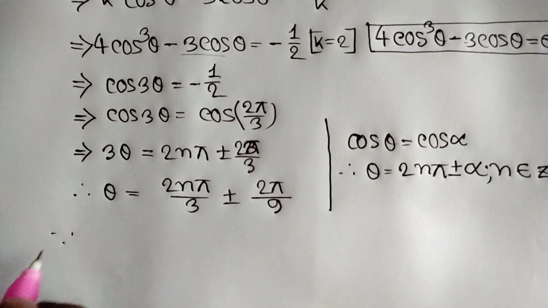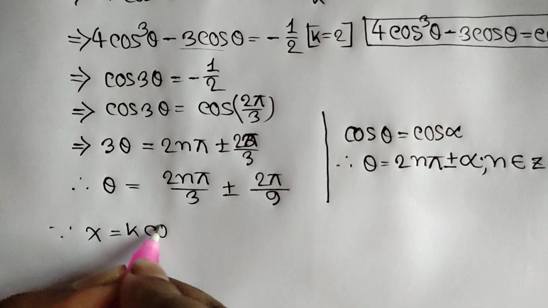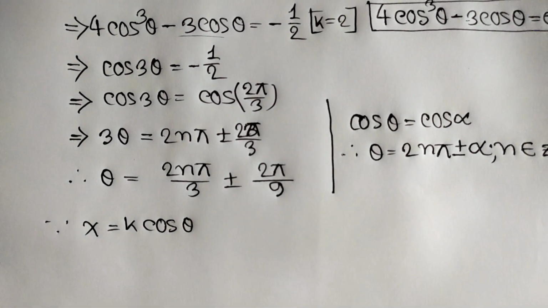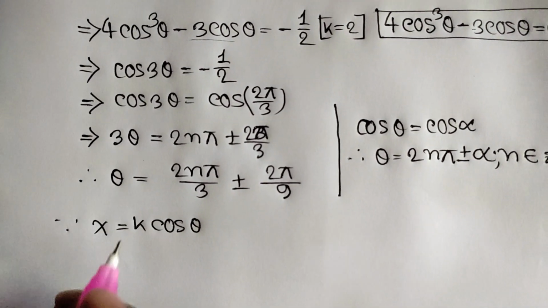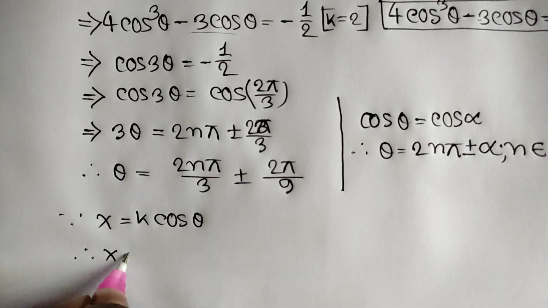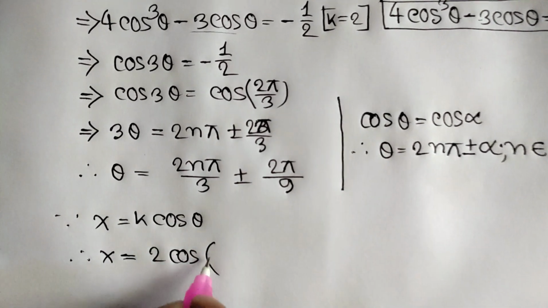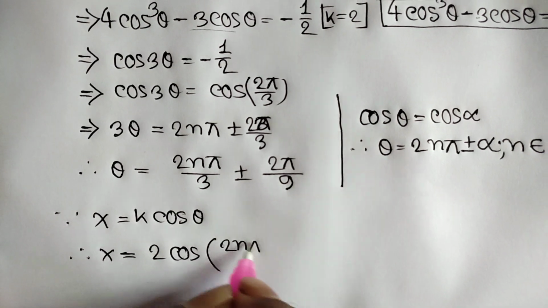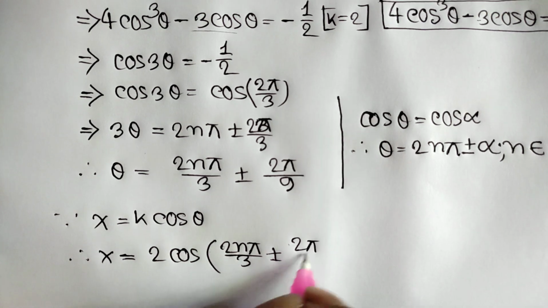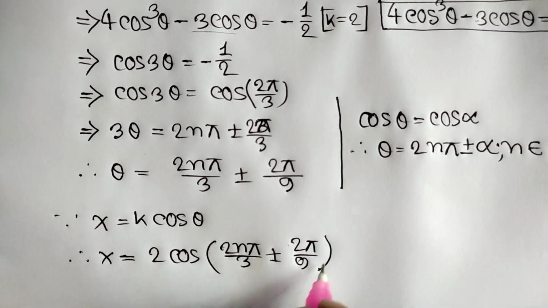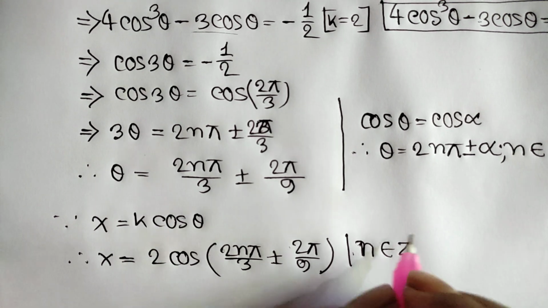As we have x is equal to k cos theta, putting value of k and theta, we will get x is equal to 2 cos of 2n pi by 3 plus or minus 2 pi by 9. Here n belongs to integer.